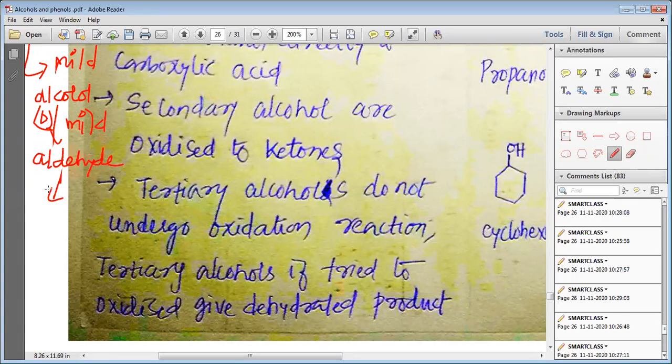And the same aldehyde, when oxidized further, turns itself into the carboxylic acid.